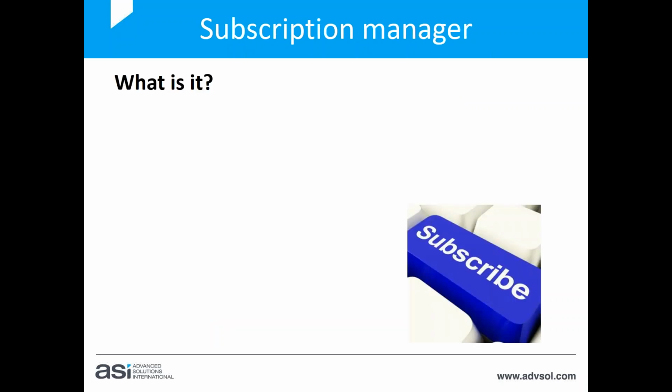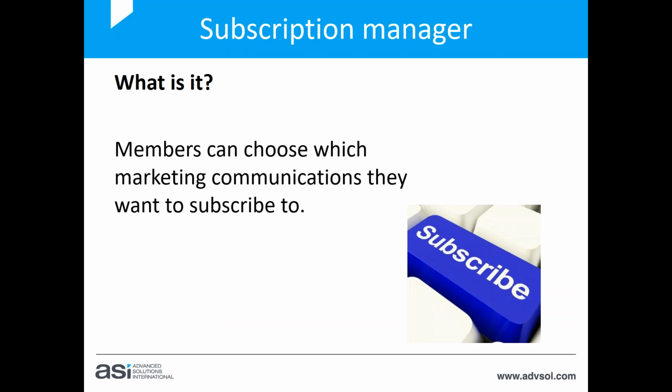What is it? Some of you may go, well, what does that mean? It means that members can choose from a list of subscriptions that administrators set up. They can choose which marketing communications they want to subscribe to. Currently in most of your systems, or almost all of them, they can either receive emails or they can't receive emails. There's one choice, that's it.